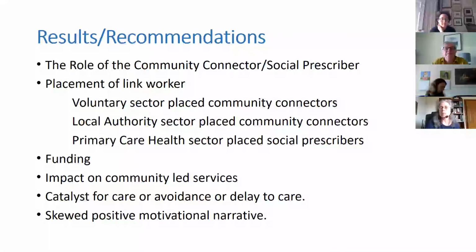From a local authority perspective, we found that the community connectors were more pulled towards their social work colleagues, and the demands on their role were widened and broadened. And from a primary healthcare perspective, the social prescribers were expected to really buy into that medical model of care and were more put upon in terms of providing mental health support.